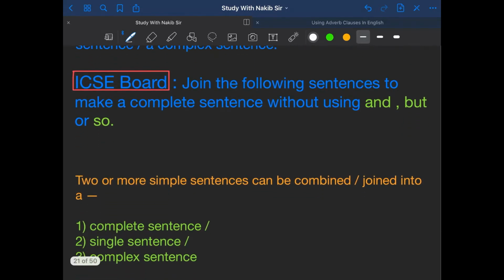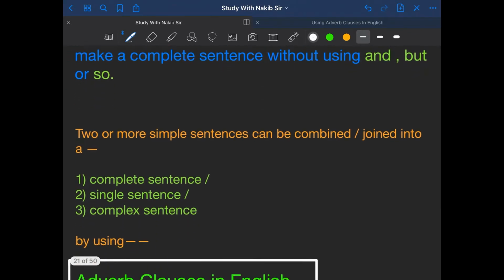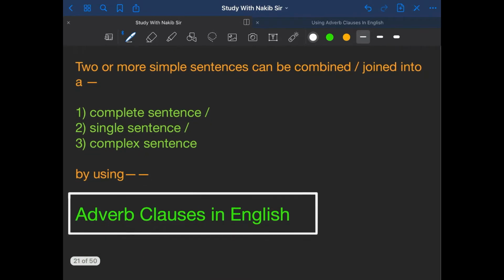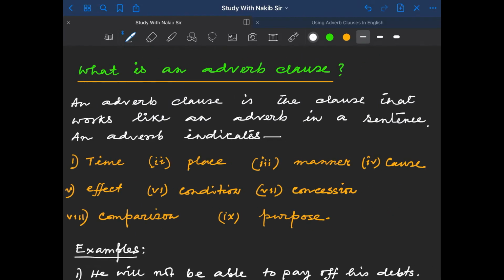Two or more simple sentences can be combined into a single sentence, a complex sentence, by using adverb clauses in English. Naturally, there is a question: what is an adverb clause? You know that an adverb clause is the clause that works like an adverb in a sentence.